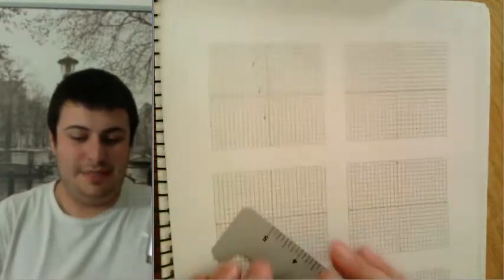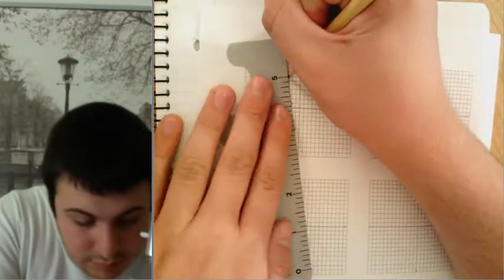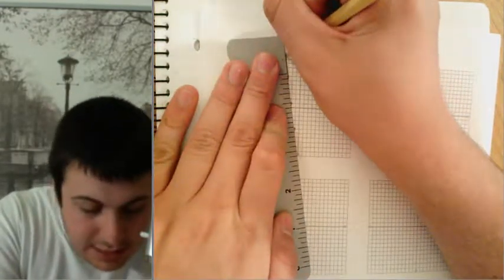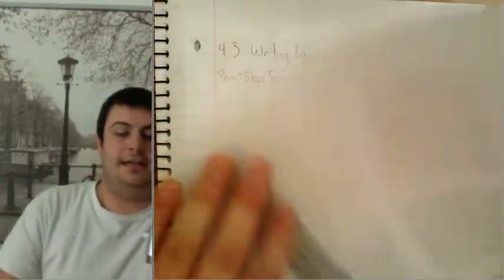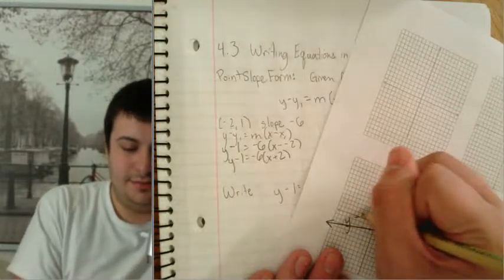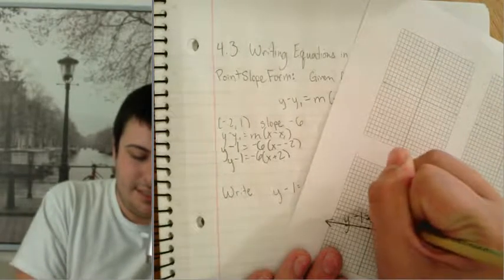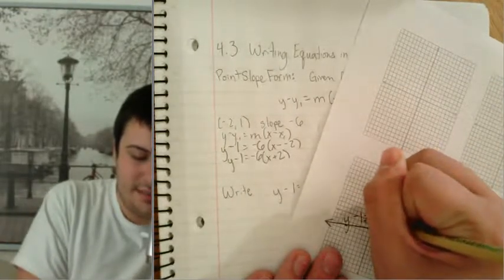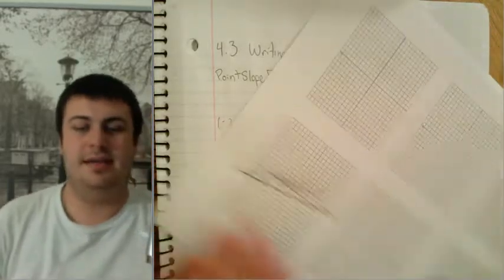I take my points, I connect my line, and I label this as y minus 1 equals -6 times the group x plus 2.